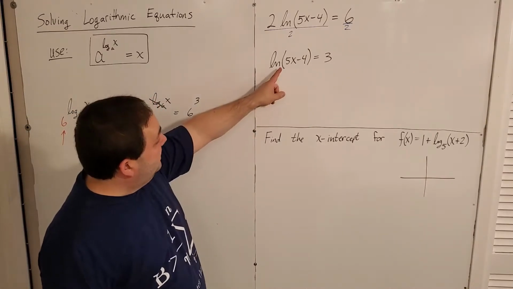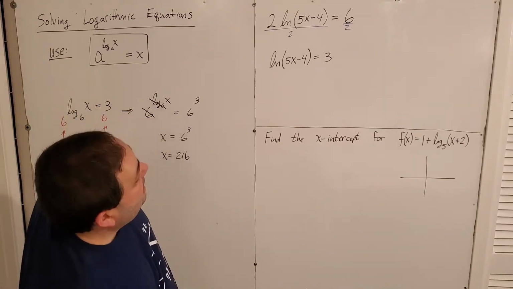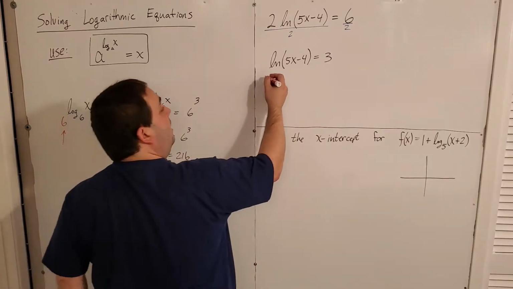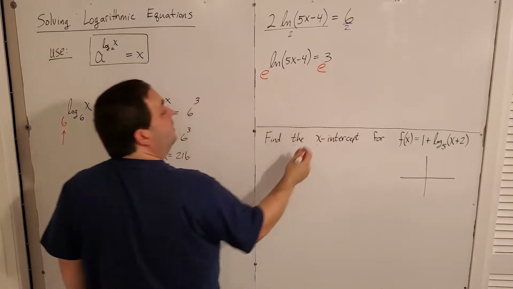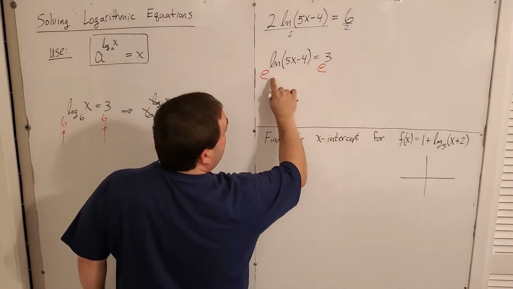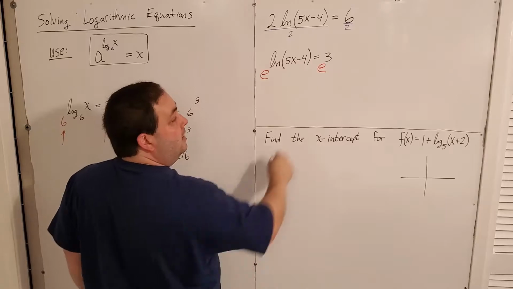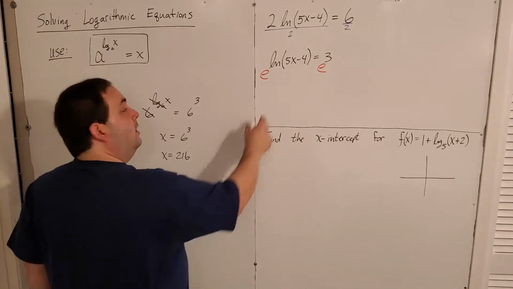The natural number is the base here. So what I'm going to do now is I'm going to raise the base. What base? I'm going to match it. I'm going to use base e as a base. So then this is e to the ln of 5x minus 4 power, and this is e to the 3 power. Well, lovely.